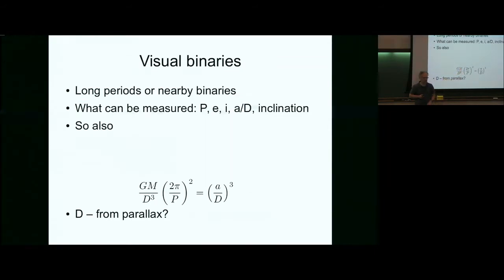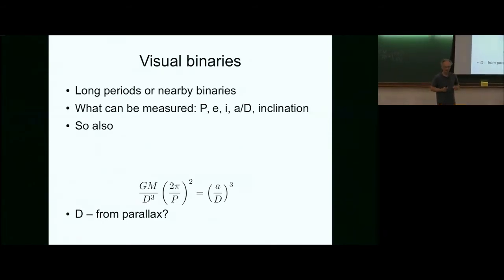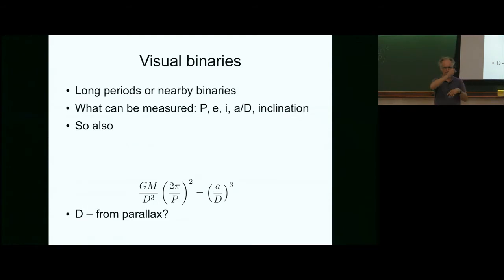Can you find the mass ratio in a visual binary? If you see two stars and you see the orbits of two stars, then you see where is the center of mass, you know what are the relative distances, so you also know the mass ratio, and given the total mass and the mass ratio, you should be able to just find the masses from this information.